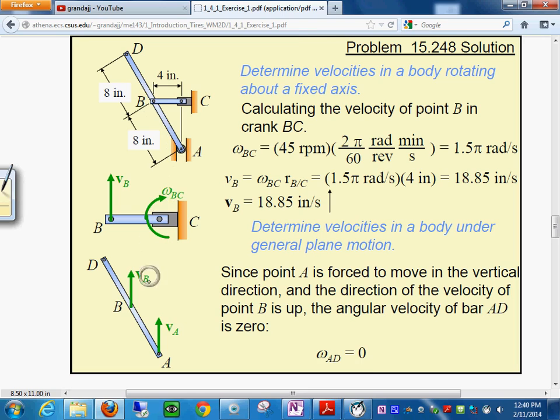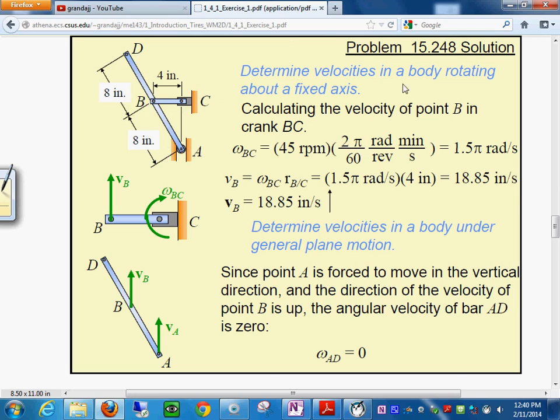And so the velocity of A and the velocity of B are the same. If the velocity of 2 points on a rigid body are the same, it follows that the body is in translation, so no angular velocity for the body. There's an angular velocity for BC at this position, but not for AD.